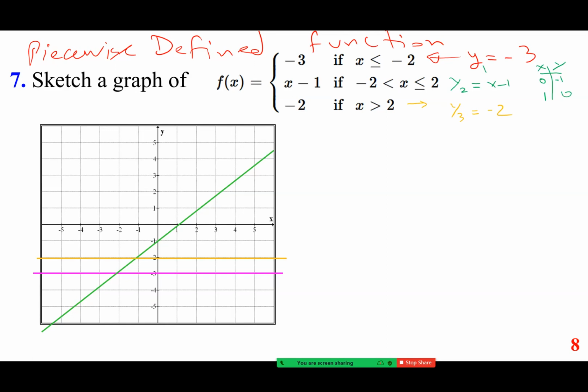So when we go back to the restriction, it says this works when x is less than or equal to -2. So here's -2. They happen to come together, by the way, here.